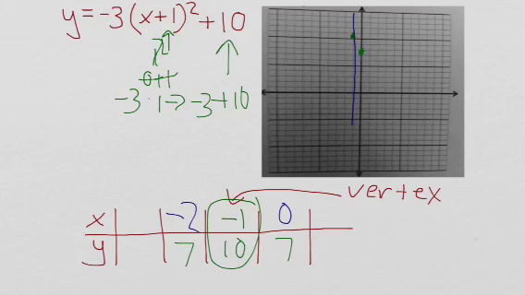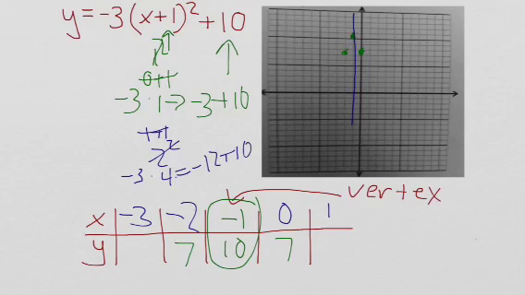Hopefully you can graph a little bit better than me. And -2, 7. And we'll do one more just for help. So we're going to go 1 and -3 here. And again, they should be the same because they're on either sides of our line. So this one I'll do in blue. So we've got 1 plus 1 is 2. 2 squared is 4. 4 times -3 is -12.